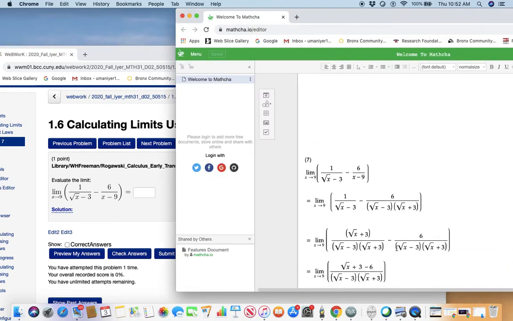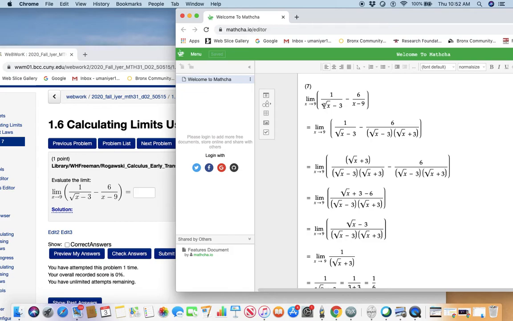So let's look at that. x approaching 9 of this fraction minus this fraction. Notice this might seem unusual, but over time you will get used to it. Square root of x minus 3 is actually a factor of x minus 9.